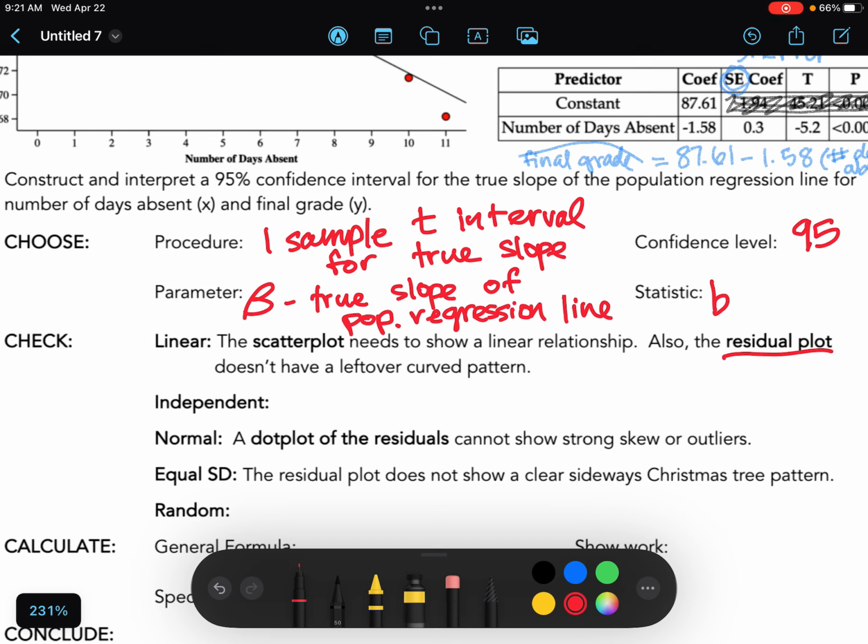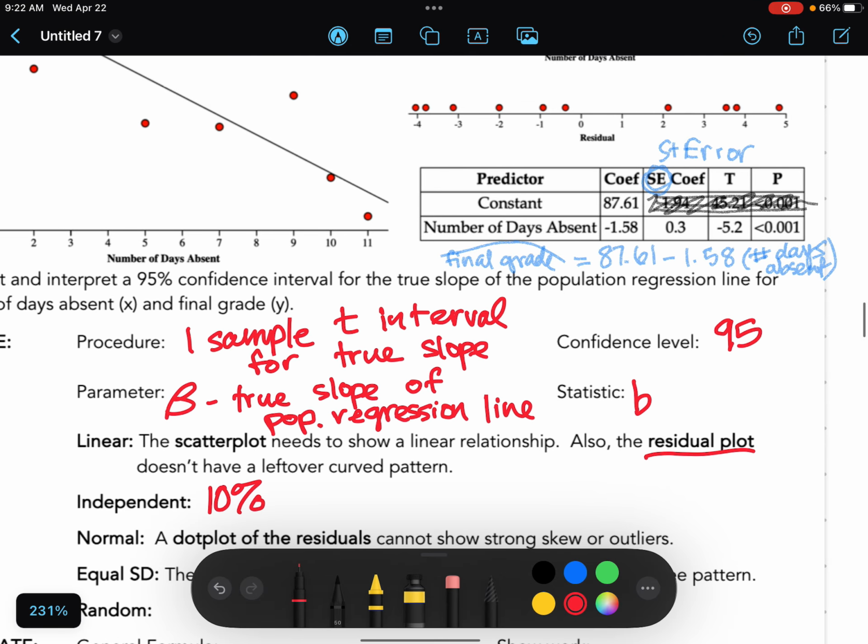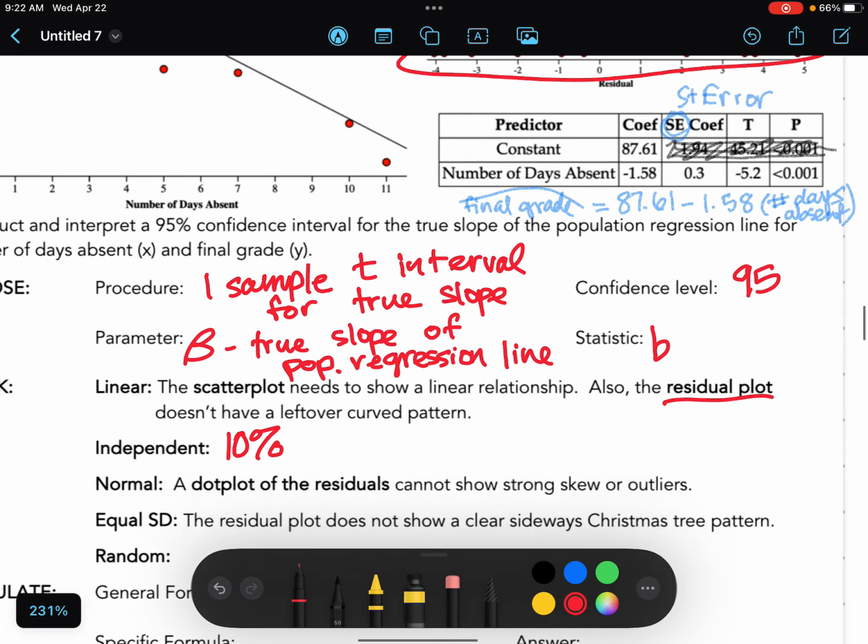Next, the independence condition is just the 10% condition. I don't know how many students there were, but I'm pretty sure this is less than 10%. The dot plot of the residuals cannot show strong outliers or skew. If we look at this dot plot right here, maybe it's not normal, but it's not skewed. It's pretty symmetric.